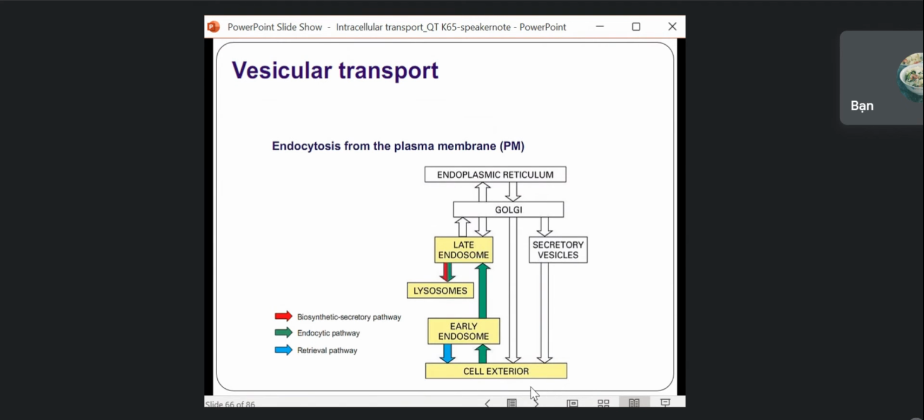The endocytosis from the plasma membrane also uses vesicular transport, so the cell can take up a huge amount of molecules from the extracellular environment by endocytosis.